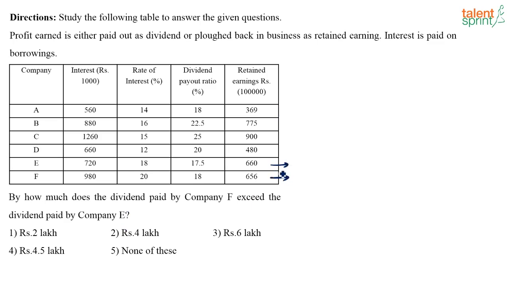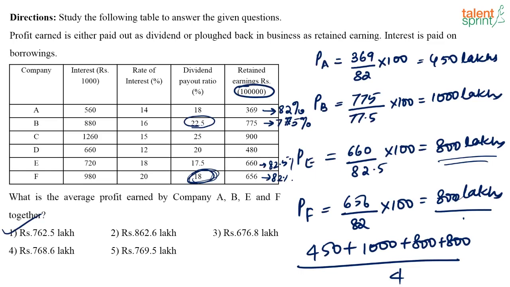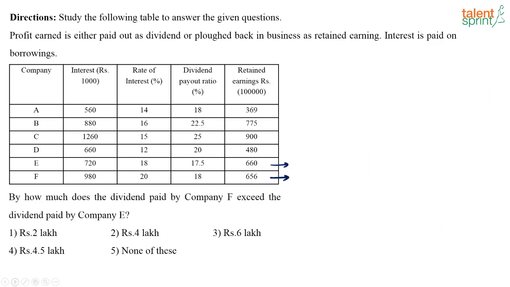I think we have already found that out, right? In the previous question, did we find that out? Yeah, both were 800 lakhs, right? See, here we found out, I think. Yeah, F and E, both are 800 lakhs.